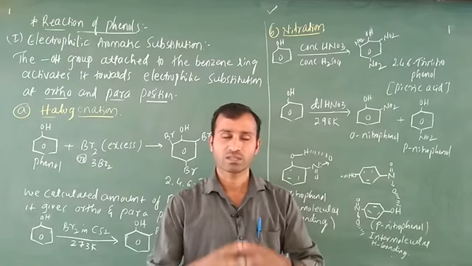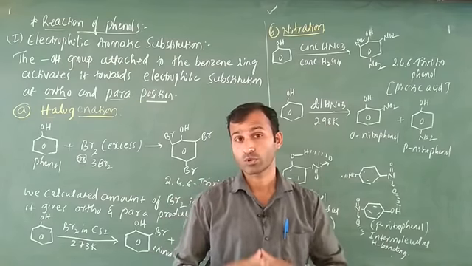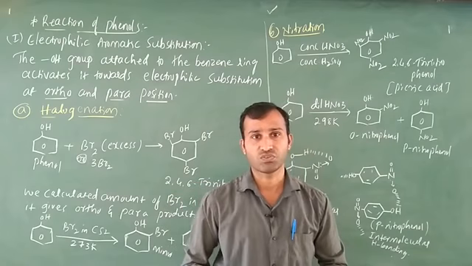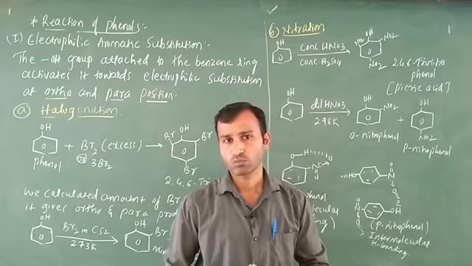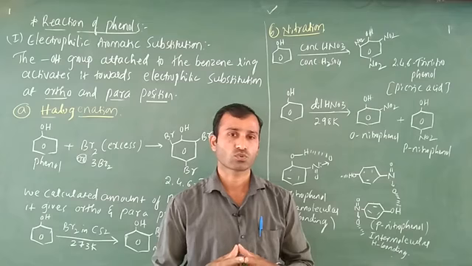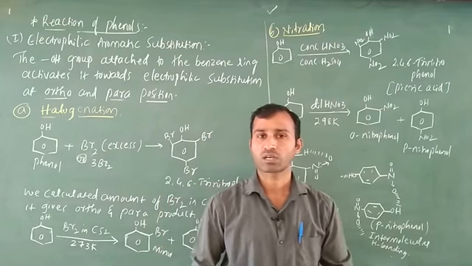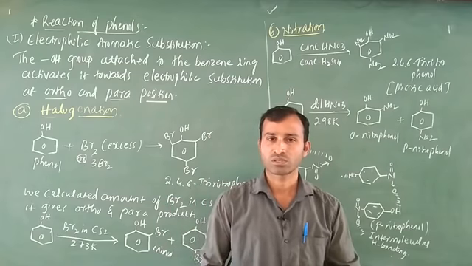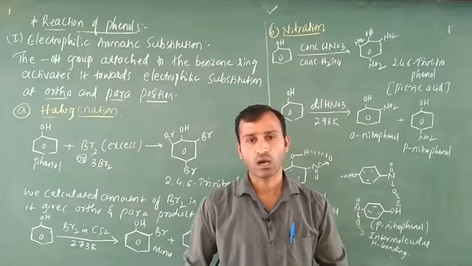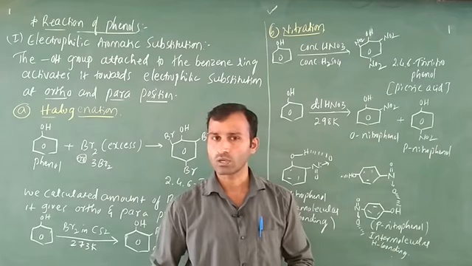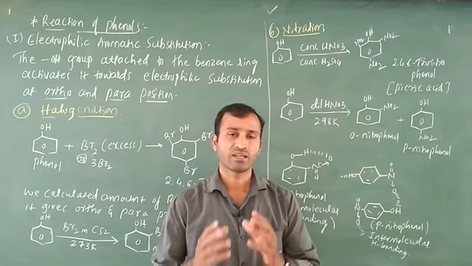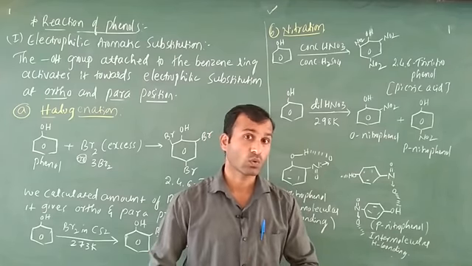After that, one point I told is most important for JEE and NEET: PCC. PCC means pyridinium chlorochromate. It does not affect carbon-carbon double and carbon-carbon triple bonds. It directly affects alcohol. The alcohol is converted into aldehyde. Up to aldehyde, PCC acts as a controlled oxidation.